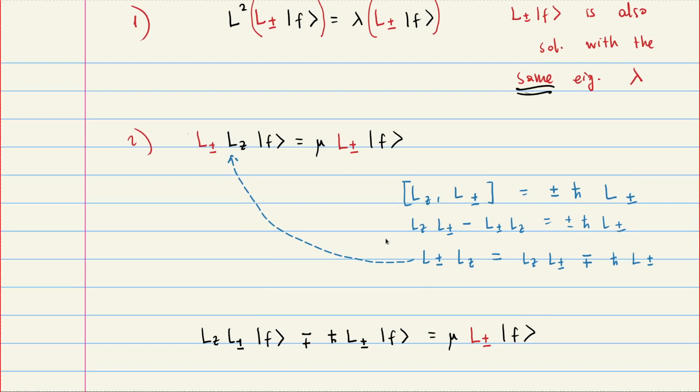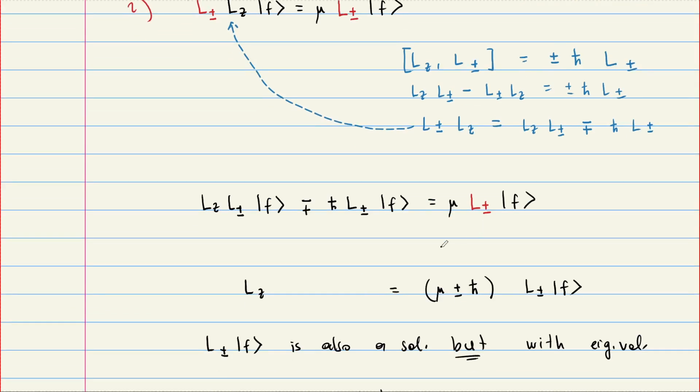Using this commutation, we wrote L plus or minus times Lz as Lz times L plus or minus, minus or plus h bar times L plus or minus. From here, we obtain this equation.